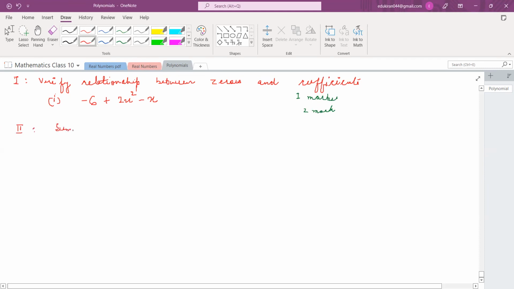Now, the second type of question which will come from this exercise is where the sum of zeros and product of zeros will be given to you. Find the polynomial.